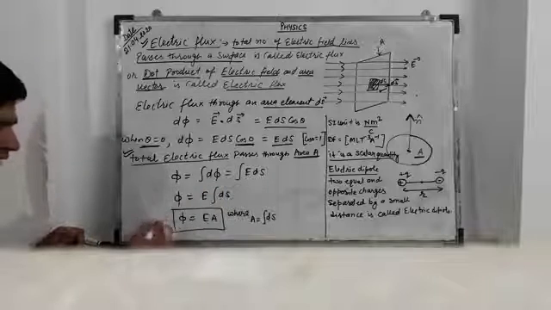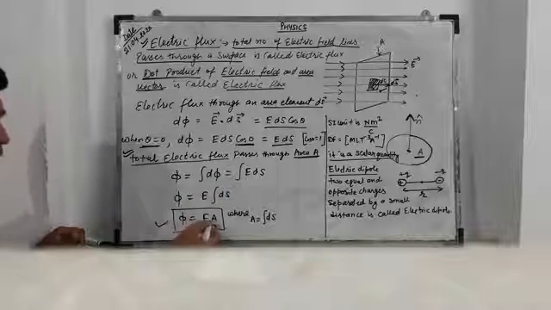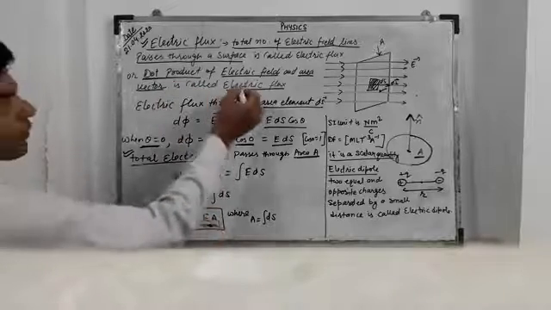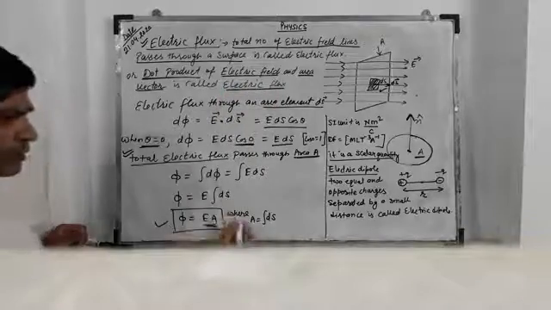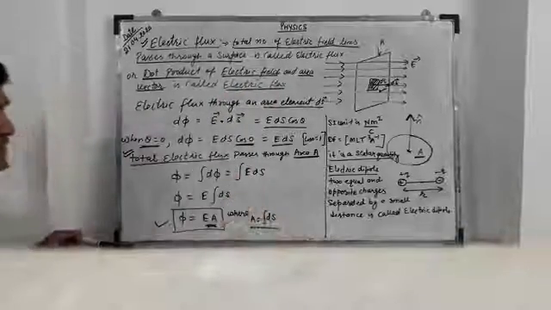Then we get phi is equal to EA, the product of electric field and area vector, where A is equal to the integration of ds.